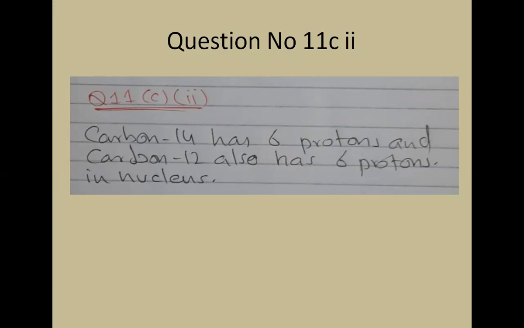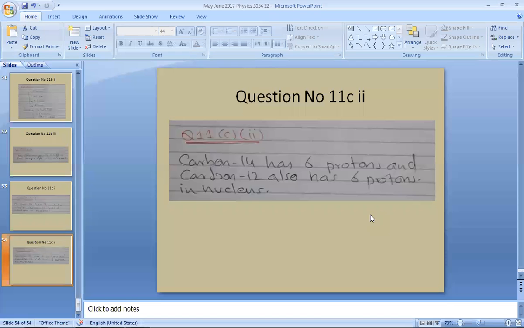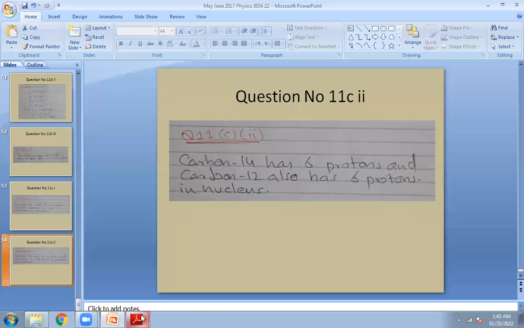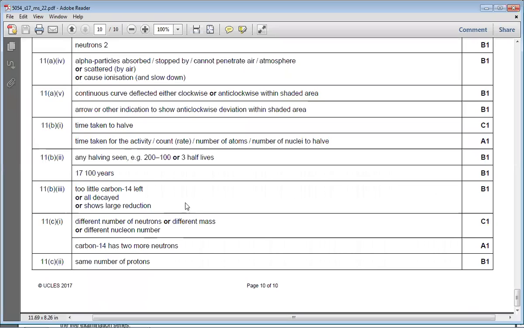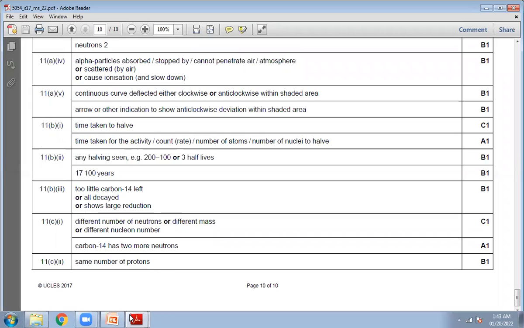So, my dear students, by this question, we have reached the end of this paper. Let's have a look at the marking scheme of question number 11 and its C part. You can pause the video, take your time, and compare the answers with the marking scheme.